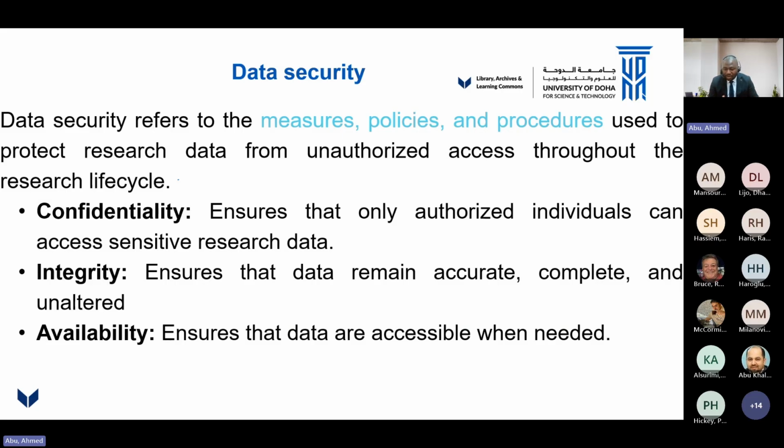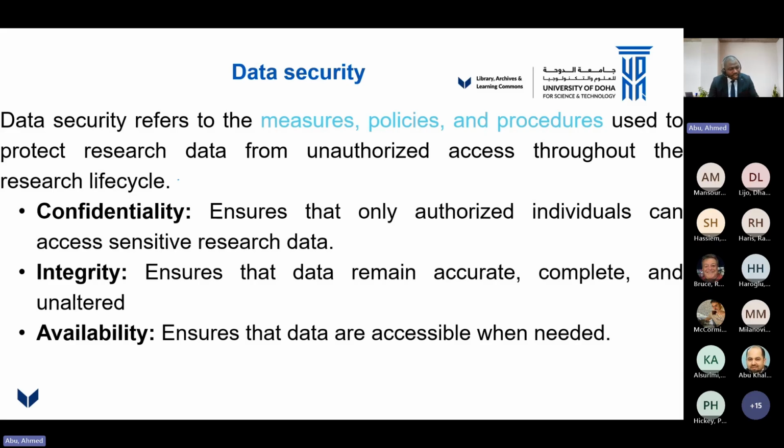When you talk about confidentiality, a researcher conducting a study on patients with diabetes can store participant records in a password-protected database. What it means is that only approved members of the research team can have access to the data.